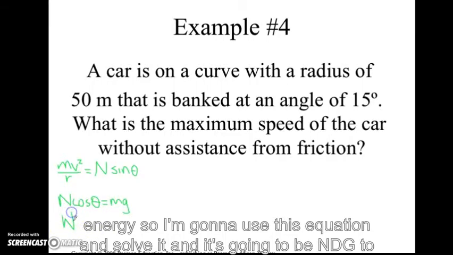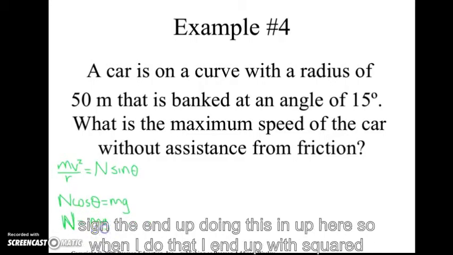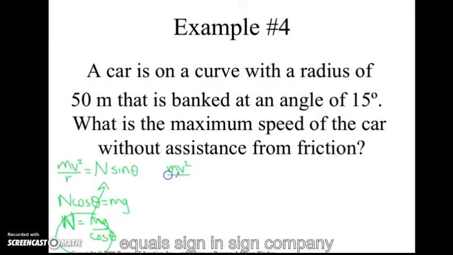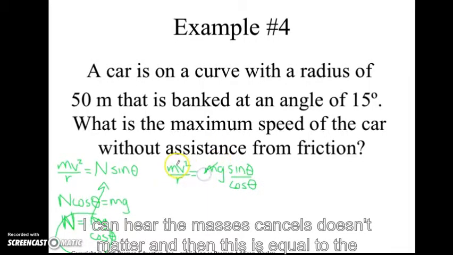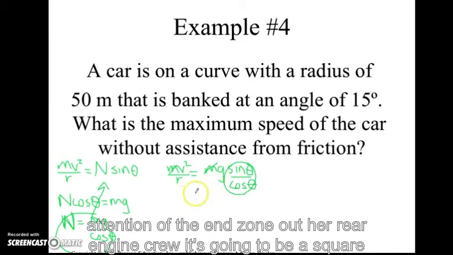So I'm going to use this equation and solve it for n. That's going to be mg divided by the cosine of the angle. I'm going to take this and put it up here. When I do that, I end up with mv squared over r equals mg sine divided by cosine. And a couple cool things happen here. The masses cancel, so the mass doesn't matter again. And then this is equal to the tangent of the angle.